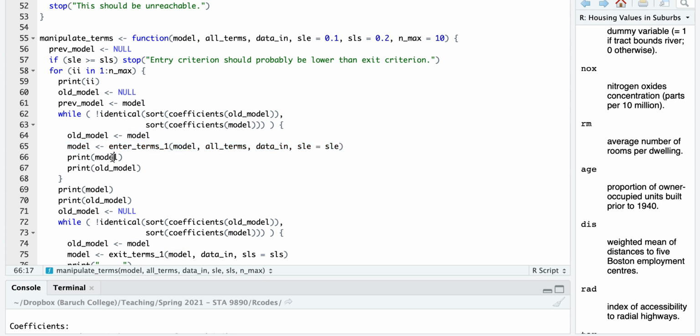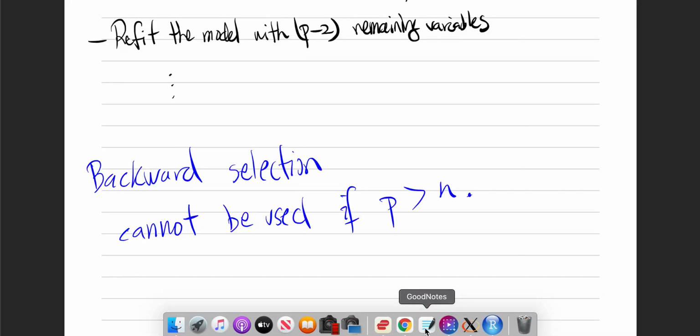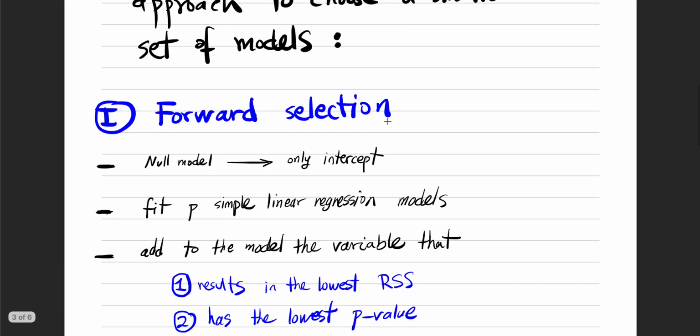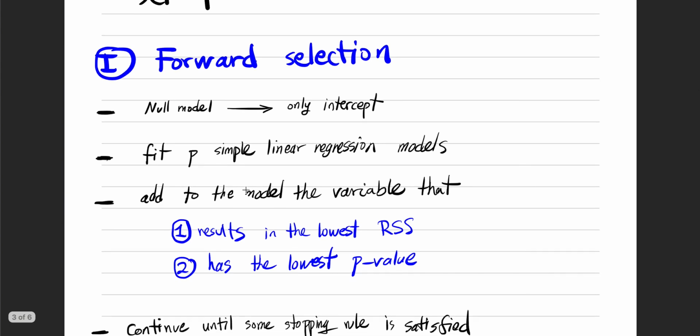Then we have the model, and then we have the old model. So in this stage, this line adds to the model the variable that has the lowest p-value.